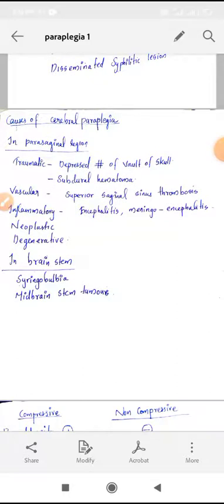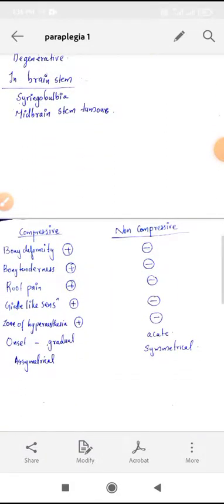Now we have to differentiate each cause. For that, first of all, we have to find whether it is a compressive cause or a non-compressive cause, if it is the spinal cord. In a compressive cause, bony deformity will be present, and that will be absent in a non-compressive cause.